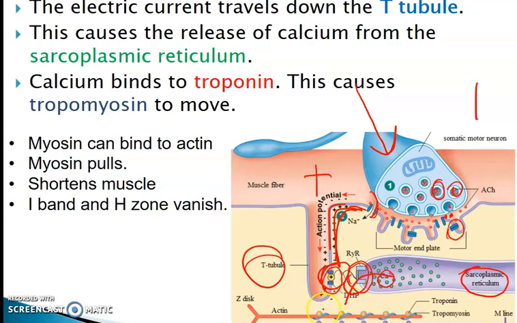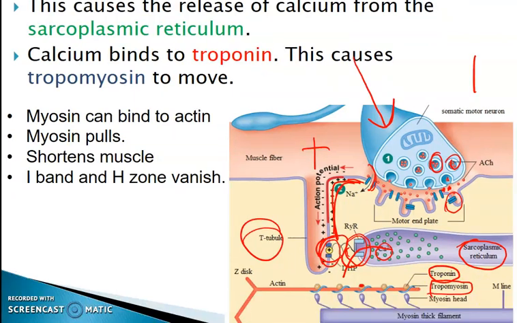Oh yeah, calcium binds to the troponin molecule. Remember the troponin? So calcium is going to bind to that. That is sort of like getting the chaperone drunk. So troponin is going to move tropomyosin. The tropomyosin moves out of the way of the active site, and the 14-year-old boy, the myosin, can finally grab the actin. And it pulls.